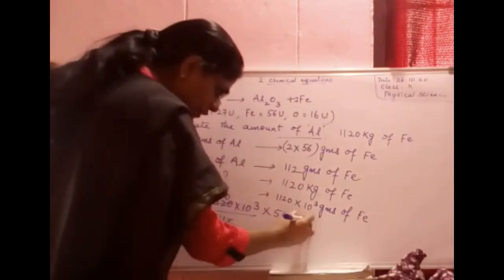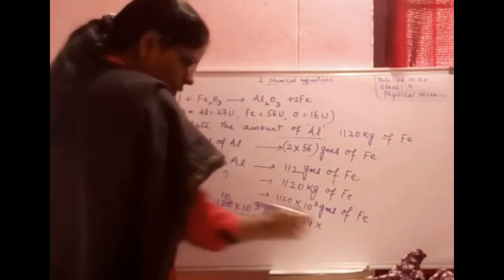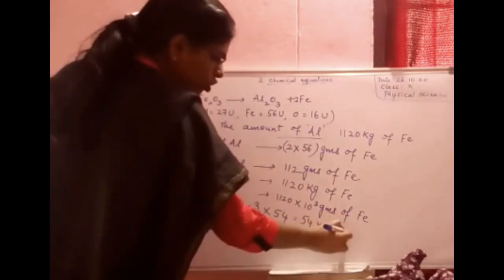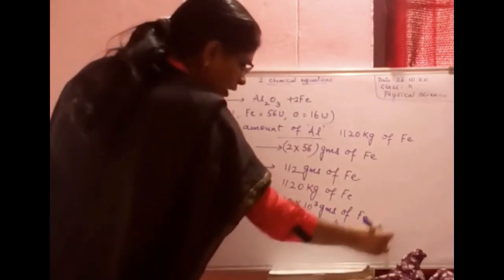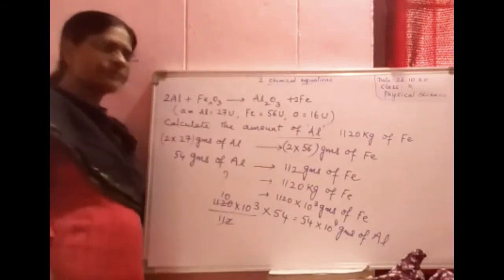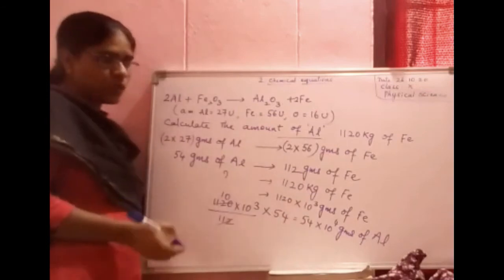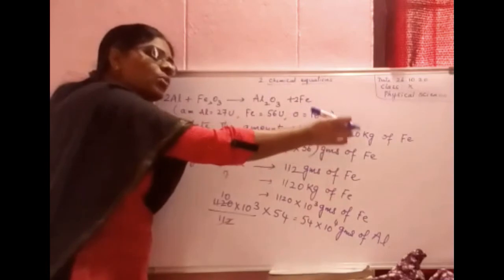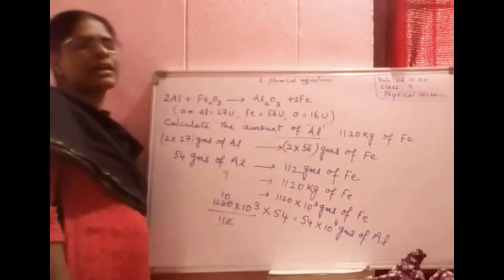Hence, 54 into 10 power 3 and 10 power 1, I can write as 10 power 4 grams of aluminium. Understood, children? 54 into 10 power 4 grams of aluminium is required when 1120 kg of iron is reacting.